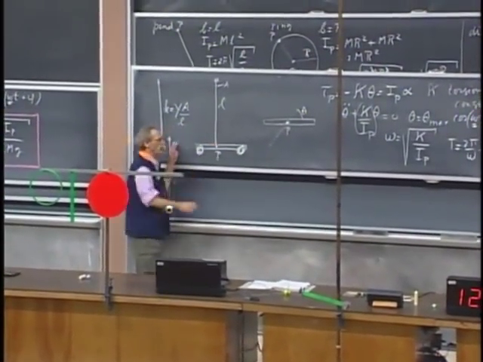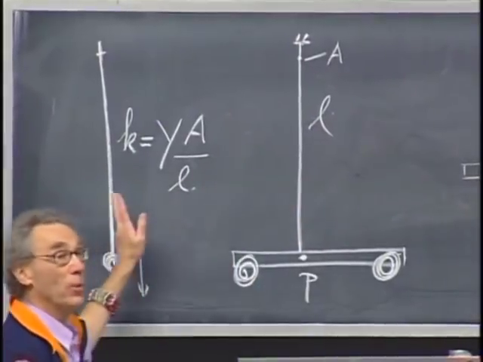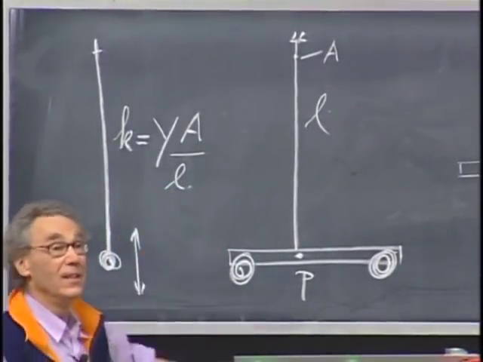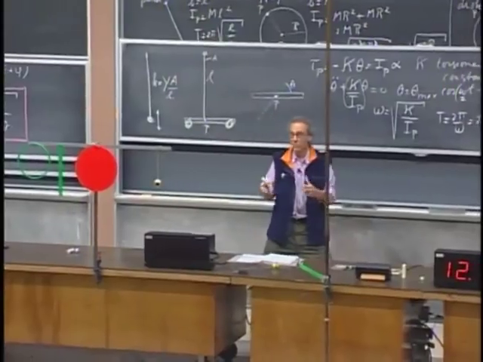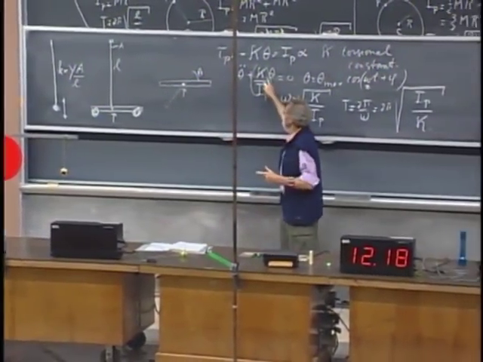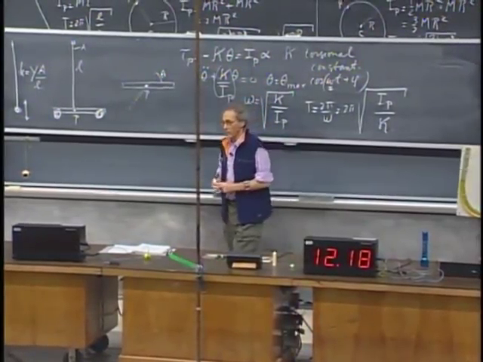But I don't want to go into the details of exactly how you derive kappa. It's a little bit more complicated. But indeed, the same is true: if you make the wire thicker, then kappa will go up. And if you make the wire longer, kappa will go down. That's immediately obvious.